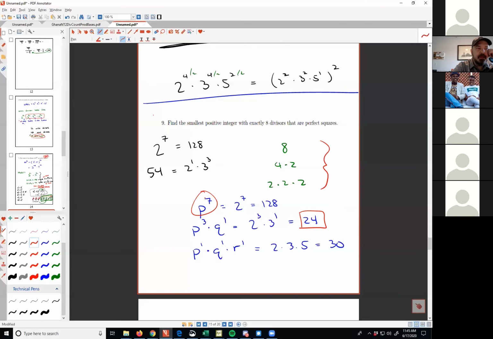But really, you just have to go through all the possibilities and eliminate them, compare them to each other. In this case, 2 extra powers of p wind up being less than the smallest possible value of r that we multiply into pq. Right? 2 squared is less than 5. So we'd rather put in 2 more powers of 2 than a power of 5 to keep the numbers as small as possible. So 24 is our answer here.